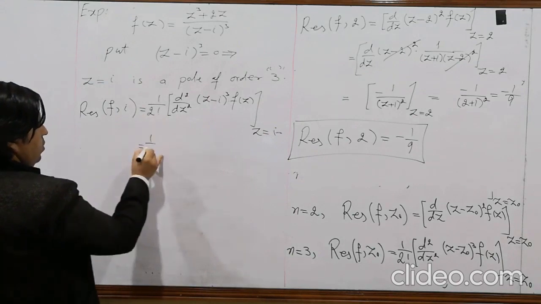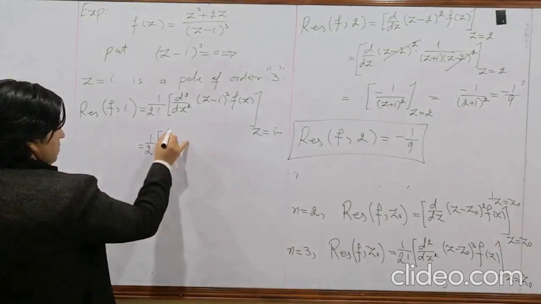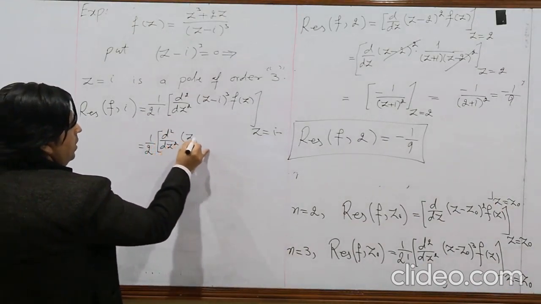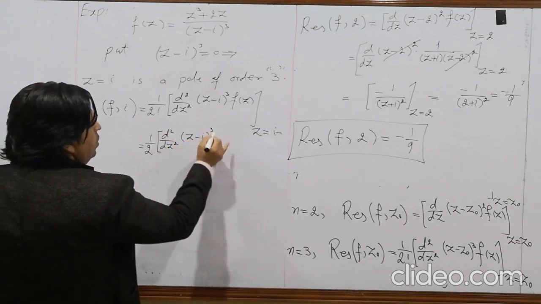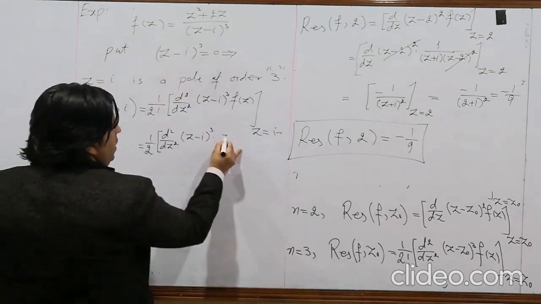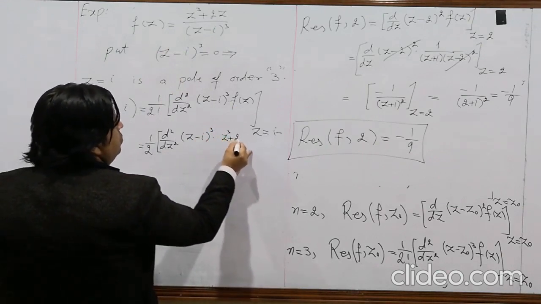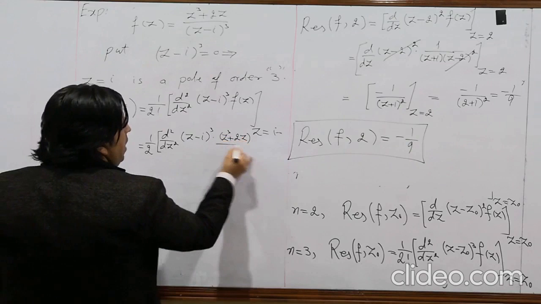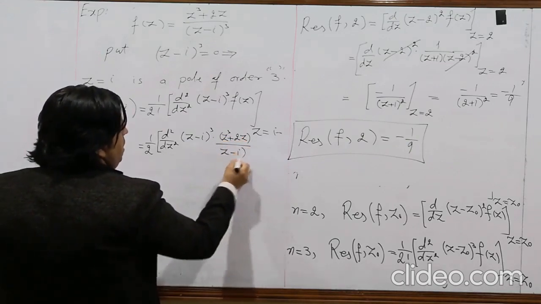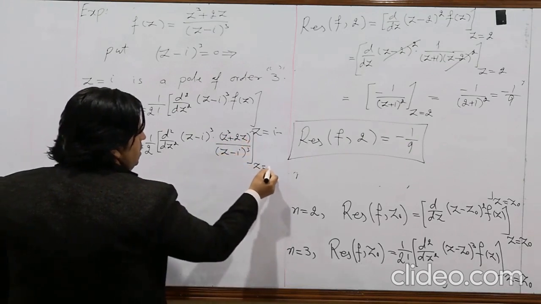So we get 1 over 2 factorial, which is 1 over 2, and d square over dz square of z minus iota cube. Put the value of f of z. The value is this one. So I can write z cube plus 2z divided by z minus iota whole cube, and the point is z is equal to iota.